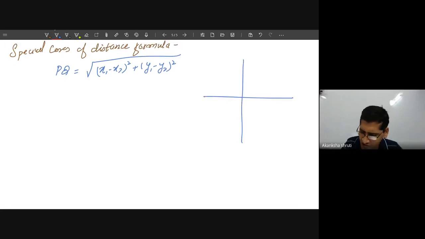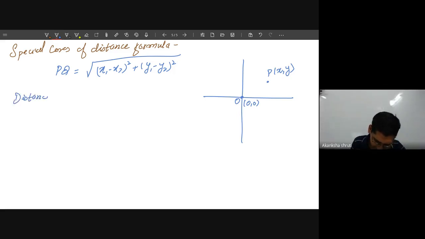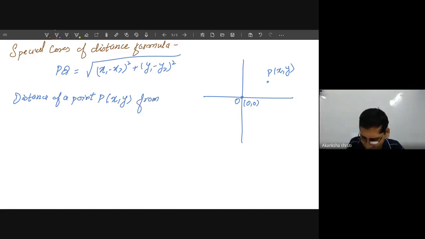Let me plot it. Now, if I am given just one point, say P x y, and the other point is nothing but the origin O, which is 0, 0. So the distance of a point P, let us denote the coordinate of this as simply xy, from origin.